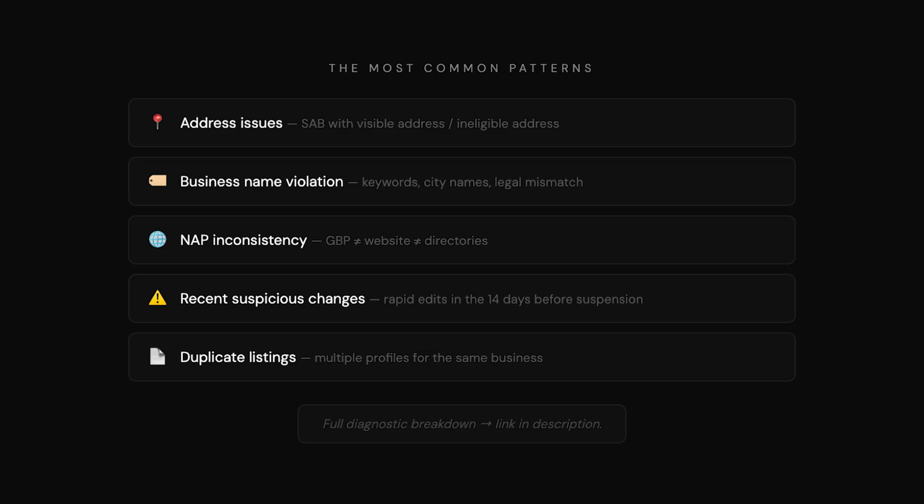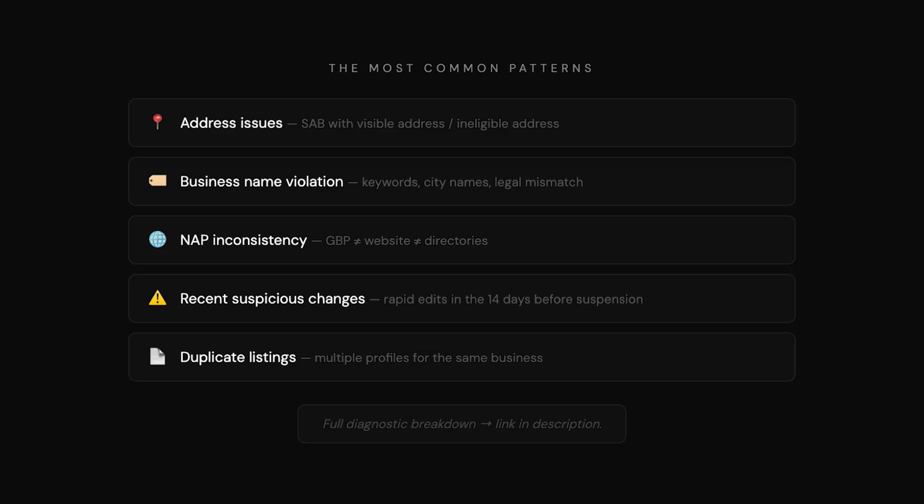The most common patterns are related to address issues, with service area businesses with a visible address or an ineligible address, or business name violations with some keywords or city names added and a legal mismatch. There's a mismatch between the official name of your business and the name on your GBP.